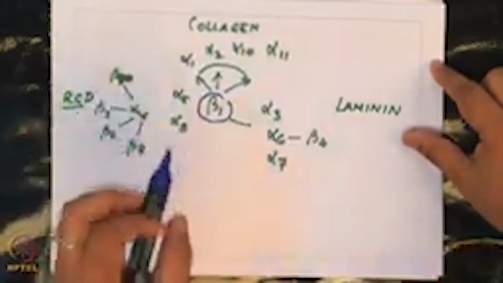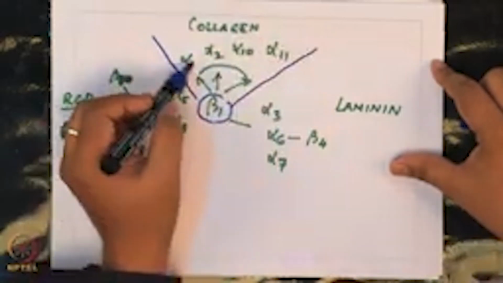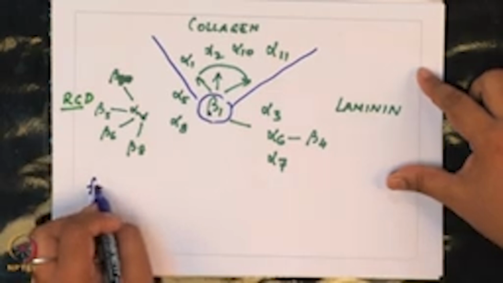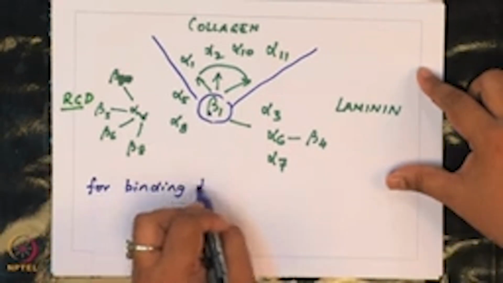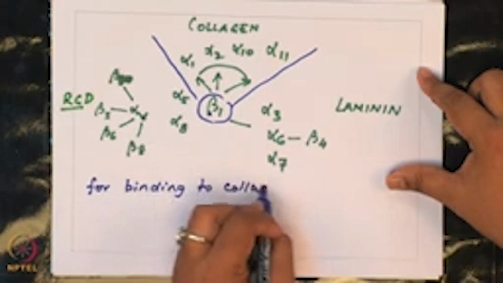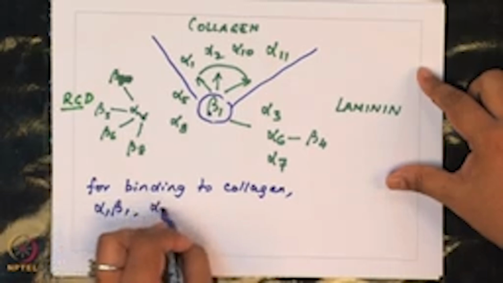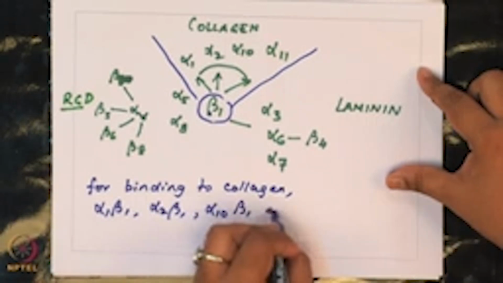So, for all these collagen receptors, for binding to collagen, you can have alpha 1 beta 1, alpha 2 beta 1, alpha 10 beta 1 and alpha 11 beta 1.